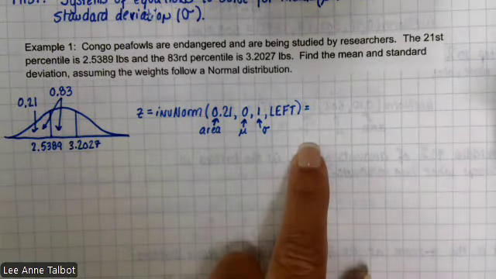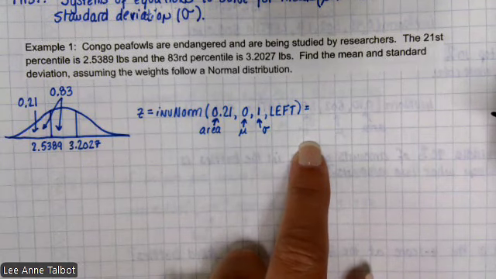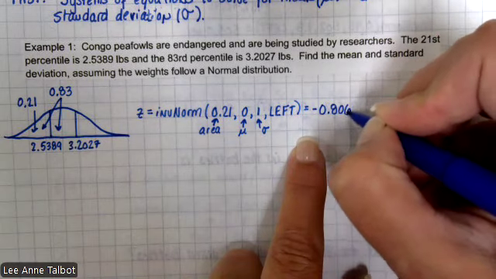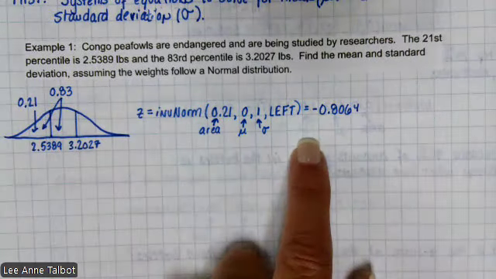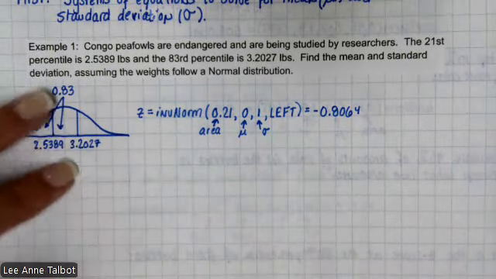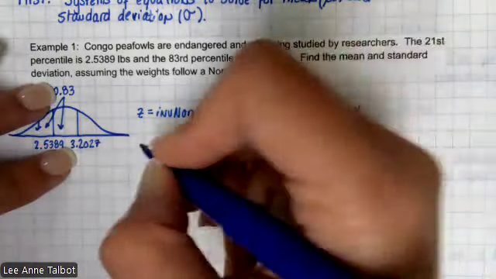I got negative 0.8064. Agree? Okay, now we're going to do this again for the other piece of information they gave us.